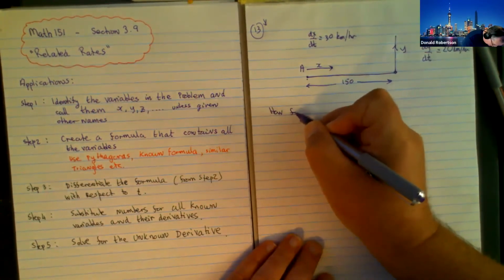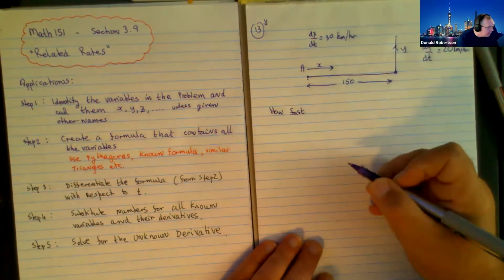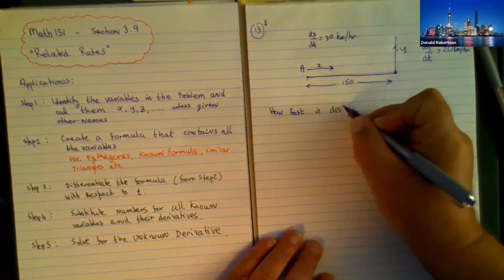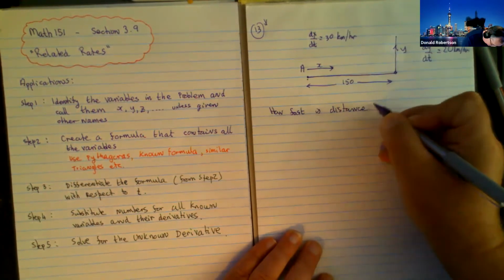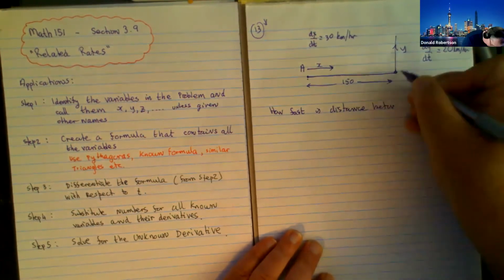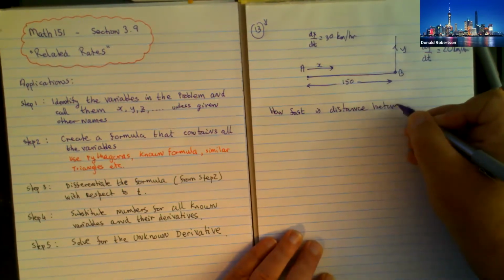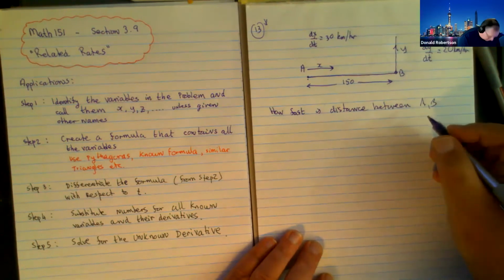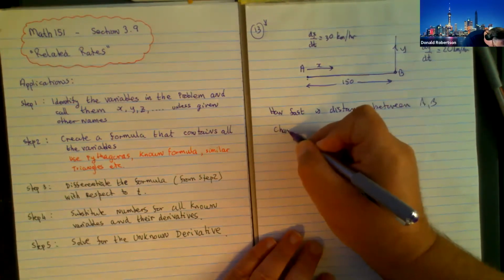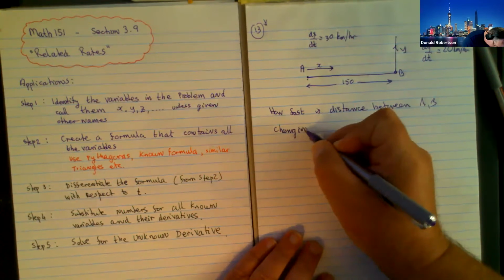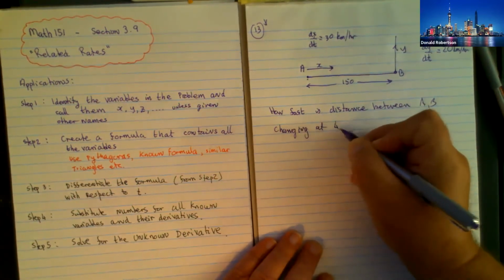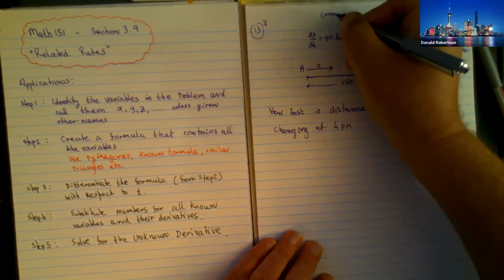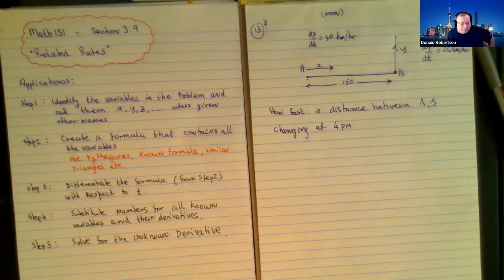How fast, just another way of finding the derivative, is the distance between them changing at 4 p.m.? Now, in case you didn't pick it up, this story started at noon, right?